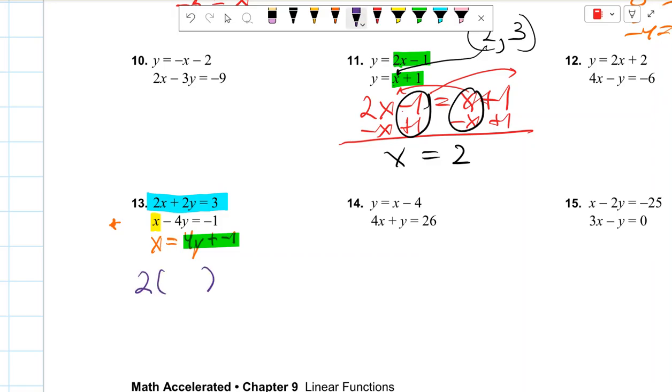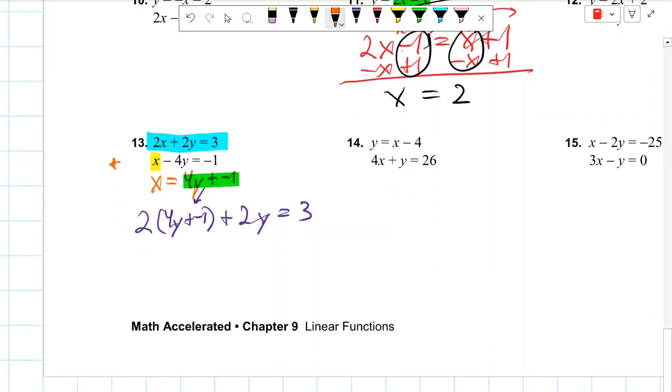So 2 parentheses for the x plus 2y is equal to 3. And I'll put this in there for substituting. I'll do my distributive property. I'll put my y terms together, and I'll get 10 y's.